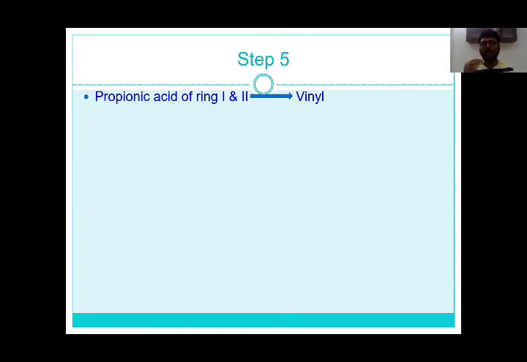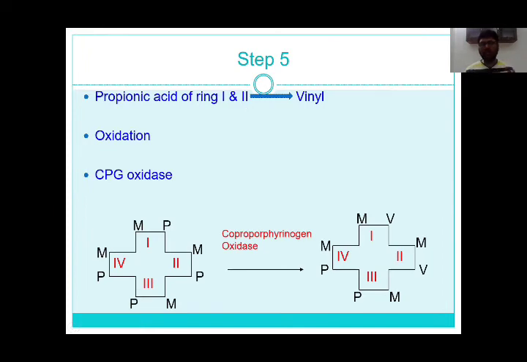This removal of hydrogen is called oxidation, and the enzyme which oxidizes here is called CpG oxidase. This CpG oxidase will specifically oxidize the propionic acids present in ring 1 and ring 2 and convert them into vinyl group, so that CpG3 is converted to PPG3, protoporphyrinogen 3.